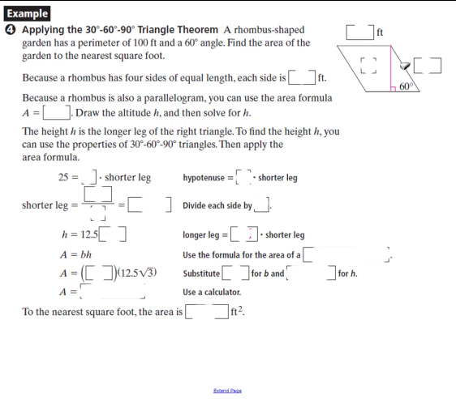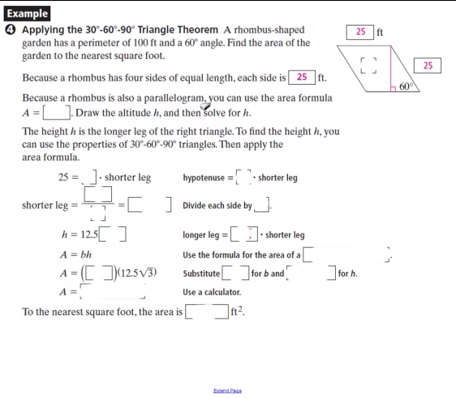So since it's a rhombus, if we remember the definitions of our shapes, a rhombus has to have 4 equal sides, right? So if it has a 100-foot perimeter and each side is equal, we know each side is going to end up being 25. 25, 25, 25, 25 to make 100.